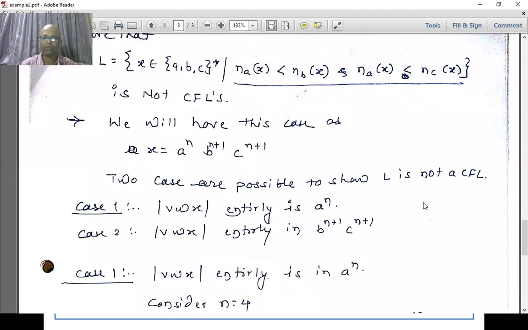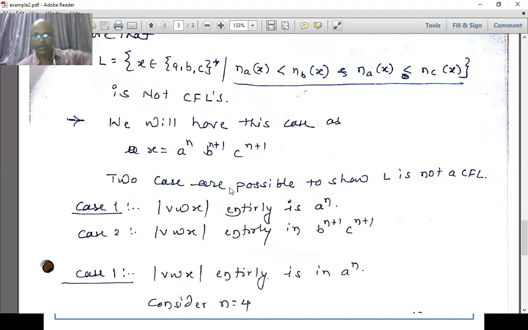Case number 1 is VWX lying entirely within A raised to n. The second case is VWX lying entirely in the second half, so a few B's and a few C's will be considered.